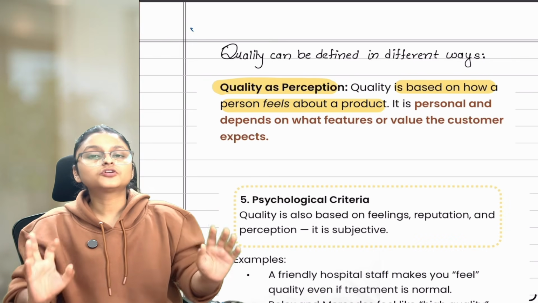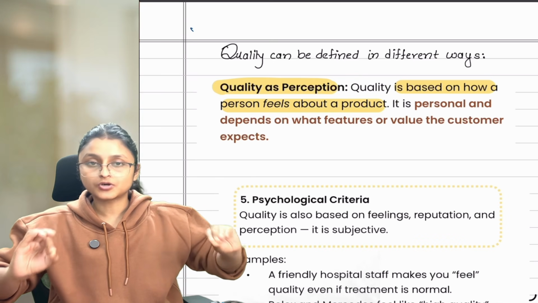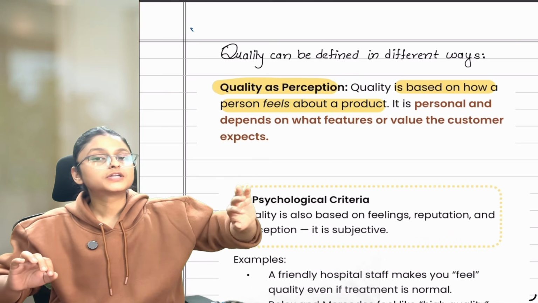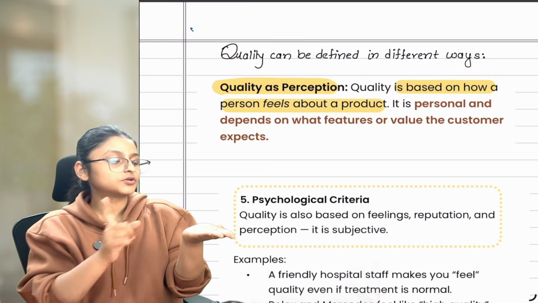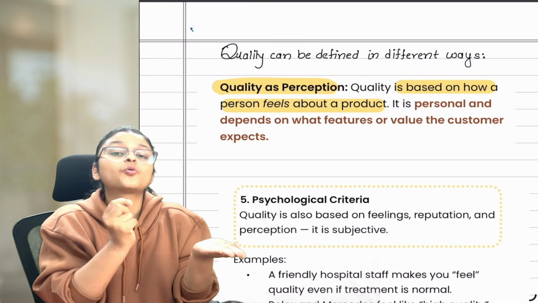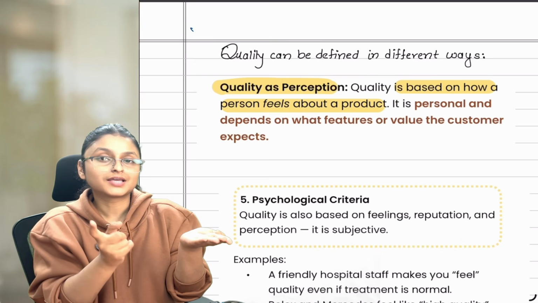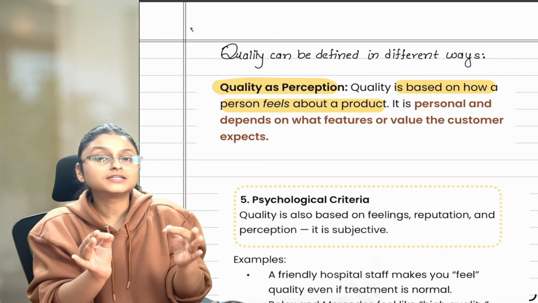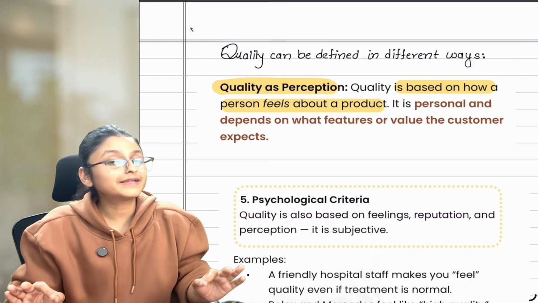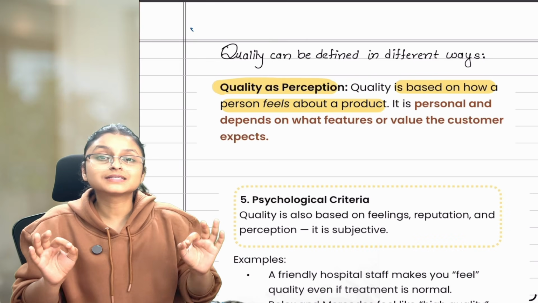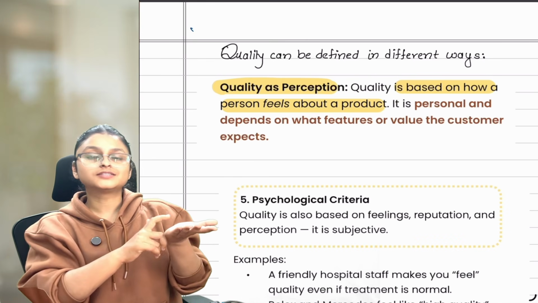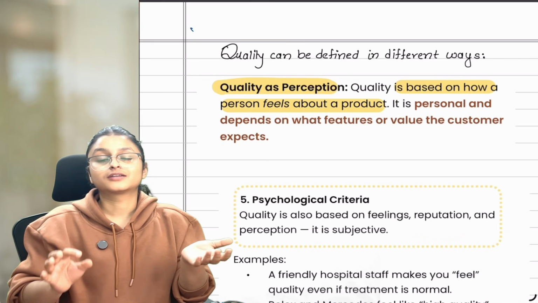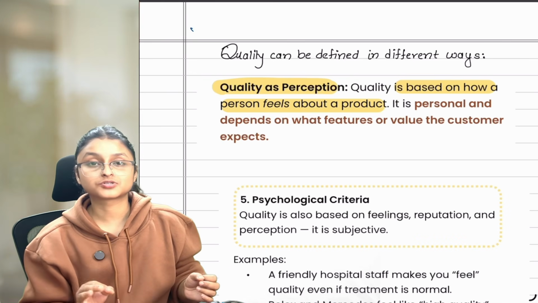Even if both of them provide the same product, we rely more on the branded product. Why? Because we think that it is of more quality. It's just quality as perception. Nothing has changed. The product is exactly the same. Still you feel that this product is a quality product. And that is what quality as perception is.